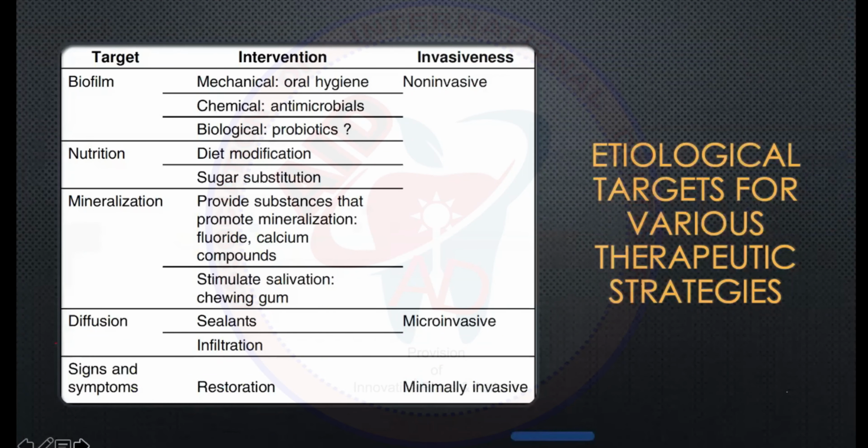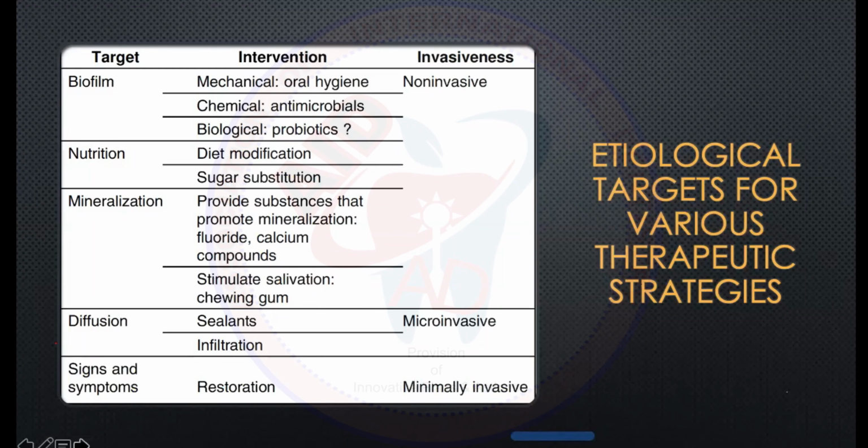And then this is inconclusive. For the biofilm, the oral hygiene, the antimicrobials like chlorhexidine and probiotics; and for the nutrition factor, if your target is nutrition, then dietary modification, and substitute your sugar with other dietary substitutes.